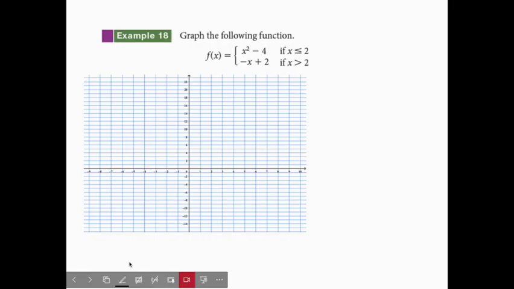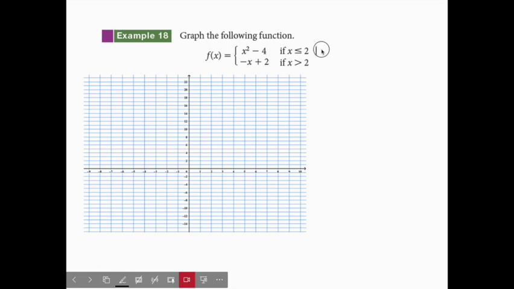For example 18, I'm going to show you how to graph a piecewise function by hand. Now there's different ways that you can do that. However, after doing this for so many years, I have perfected a method that makes it fairly easy. What you need to do is make sure you make a t-table for each piece of the graph.